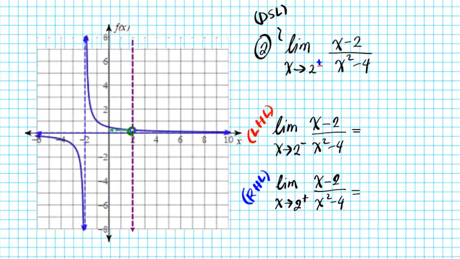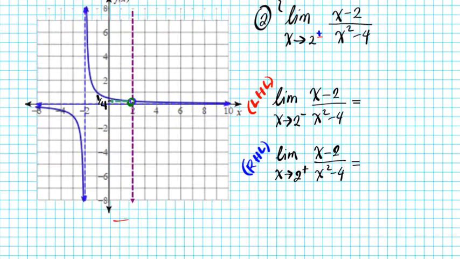This value here, let's say it's 1 over 4, 0.25, sorry. So let's call that 1 over 4. You can see that when you're approaching 2 from the left, you're going in this direction right here. That's the left-hand limit. The answer is the y-coordinate of the open circle you're approaching, which is 1 over 4. It doesn't matter if it's open or closed.